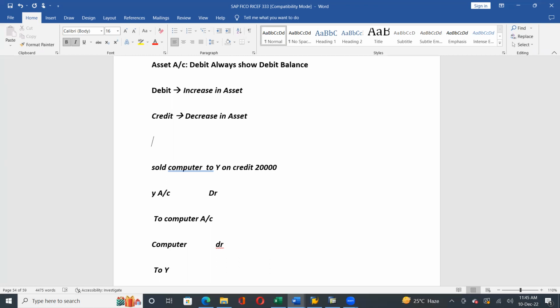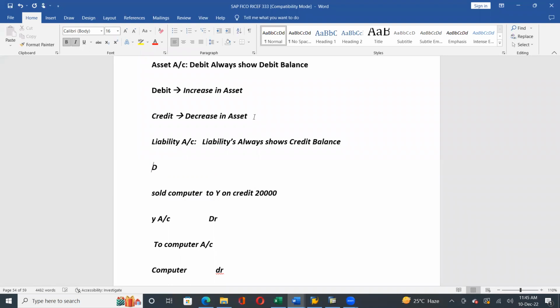Next, we have the liability account rule. What balance do liabilities always show? Credit. Always shows a credit balance. So what is the liability account rule?